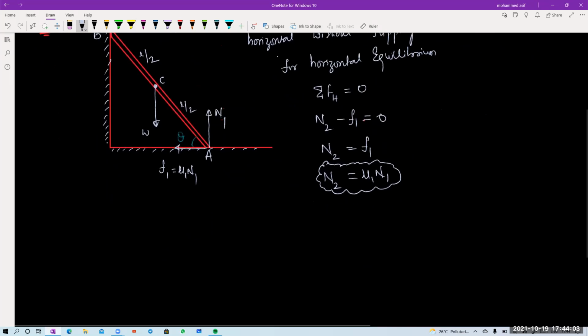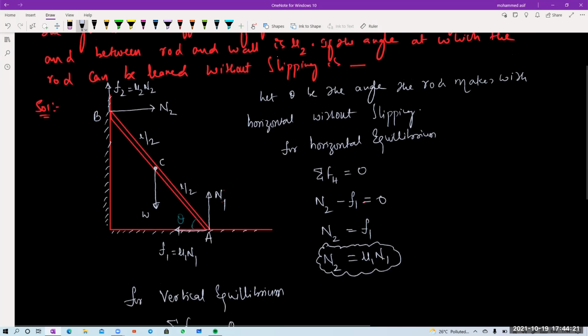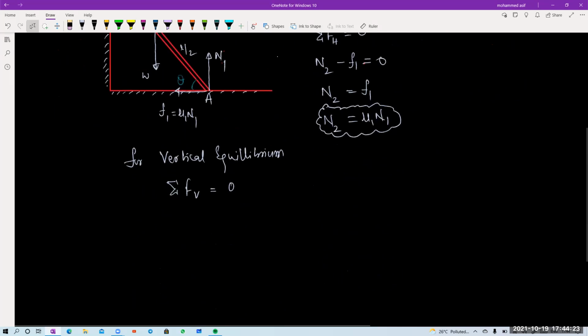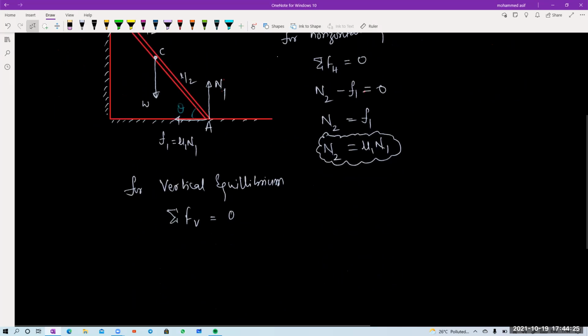The same way, for vertical equilibrium, the sum of all the forces along the vertical direction must be equal to 0. The vertical forces: N1 is in the upward direction, F2 is also in the upward direction, and the weight of the rod is in the downward direction.